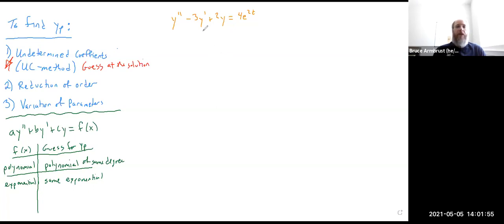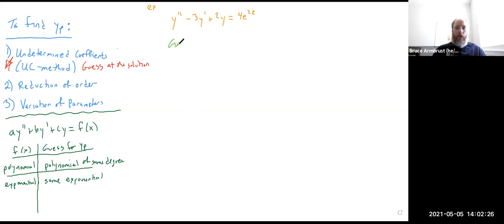So I know it doesn't really look like much has changed here. Still the same kind of form, it's still exponential. Yeah, I put a 4 out front, but whatever. That just means that whatever a we find, we just multiply by 4. Okay, but let's go through the steps. Let's do our guess first.